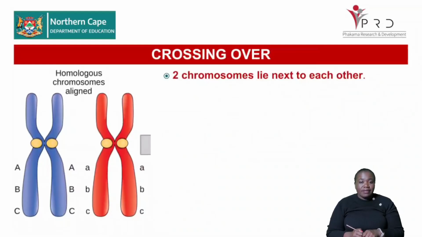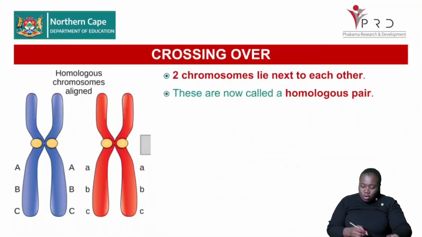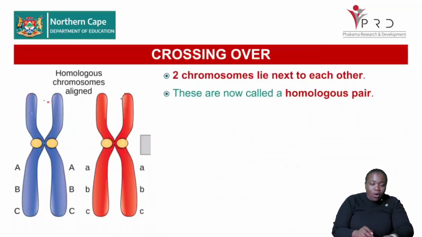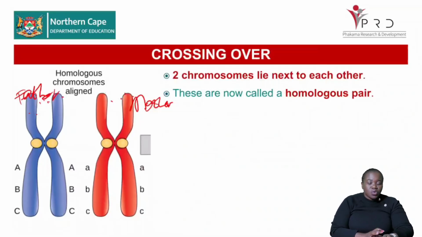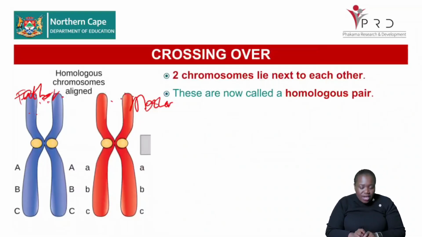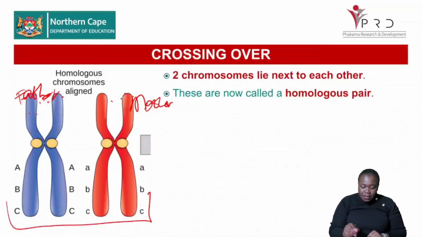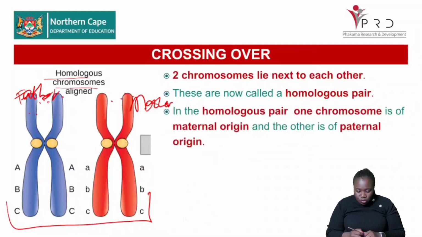Okay, let's have a look at that. So the 2 chromosomes, the homologous pair of chromosomes. This chromosome is from the father and this chromosome is from the mother. Right? So these 2 chromosomes are going to lie next to each other. As they lie next to each other like this, we refer to them as a homologous pair of chromosomes or homologous chromosomes.